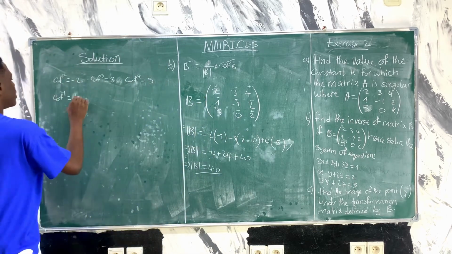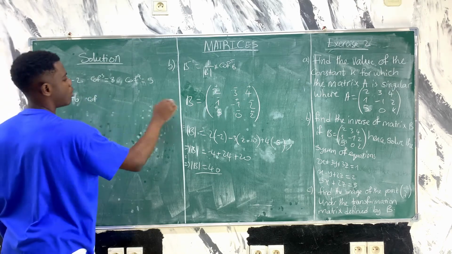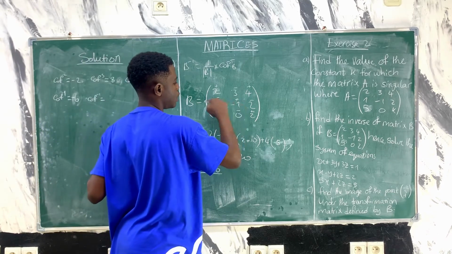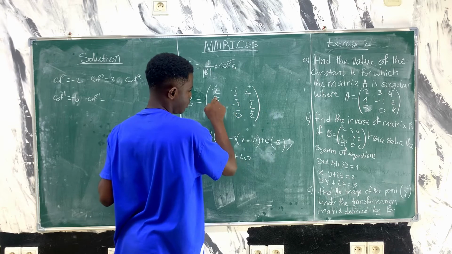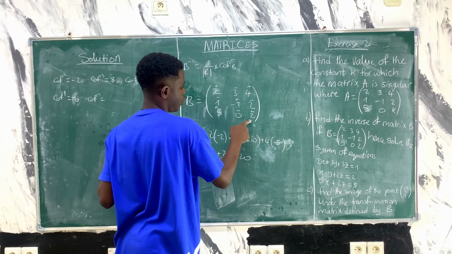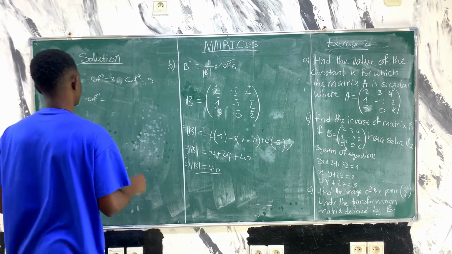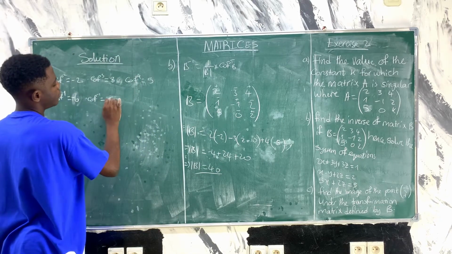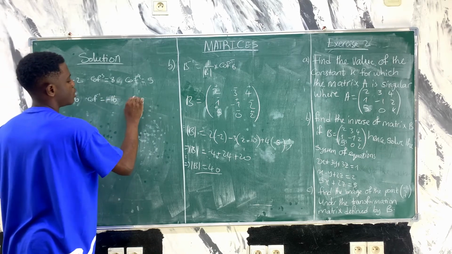So the sign here is minus, so I put my minus sign behind. So what is the cofactor of minus 1? We're going to cancel here and cancel here. You'll be left with 2 times 2, 4 minus 20. We have minus 16.